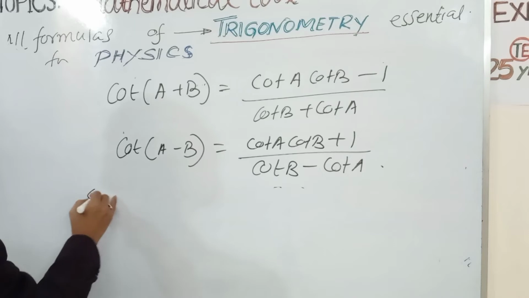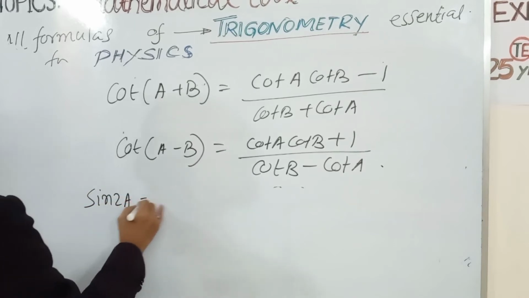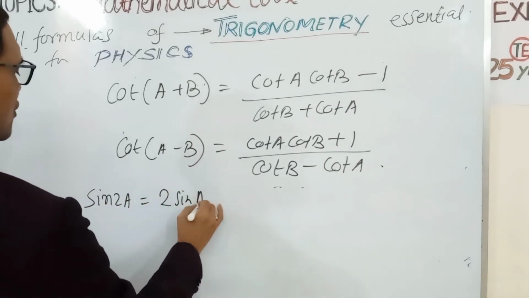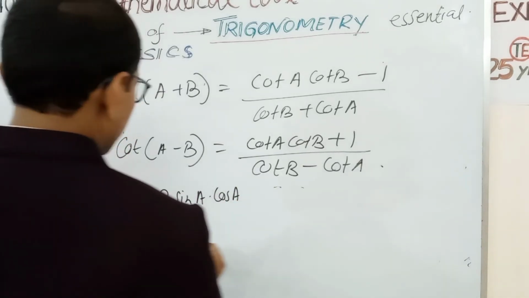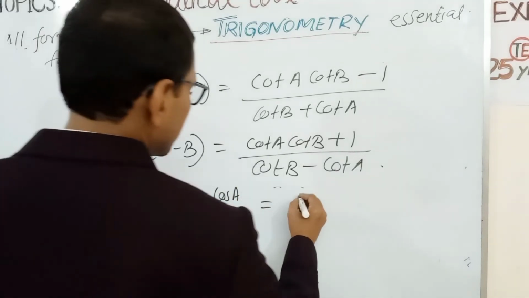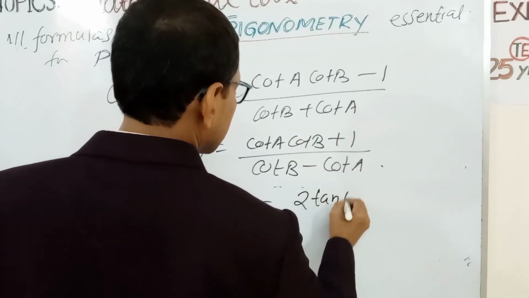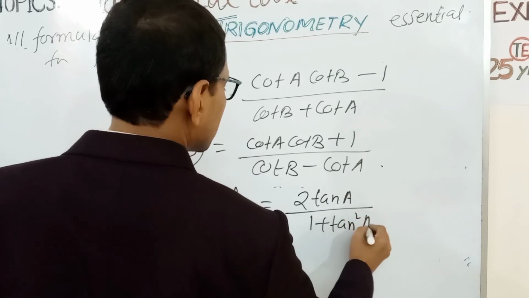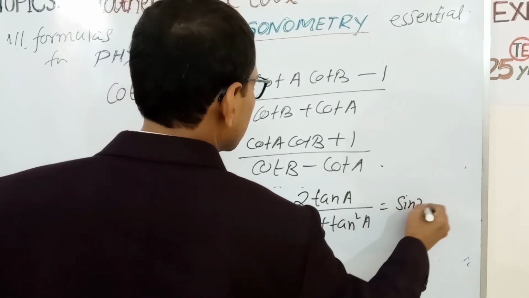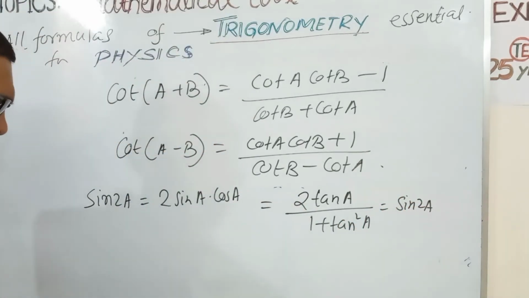We know sin 2a equal to 2 sin a cos a. Now sin 2a in terms of tan a will be 2 tan a by 1 plus tan square a. So this is another important formula, sin 2a in terms of tan a.